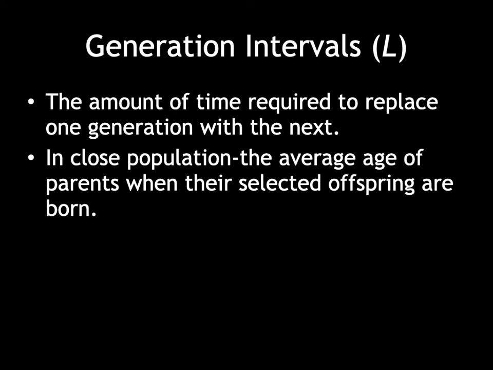And the last factor in the key equation is generation interval. This is the amount of time required to replace one generation with the next. In a closed population, it means the average age of parents when their selected offspring are born.